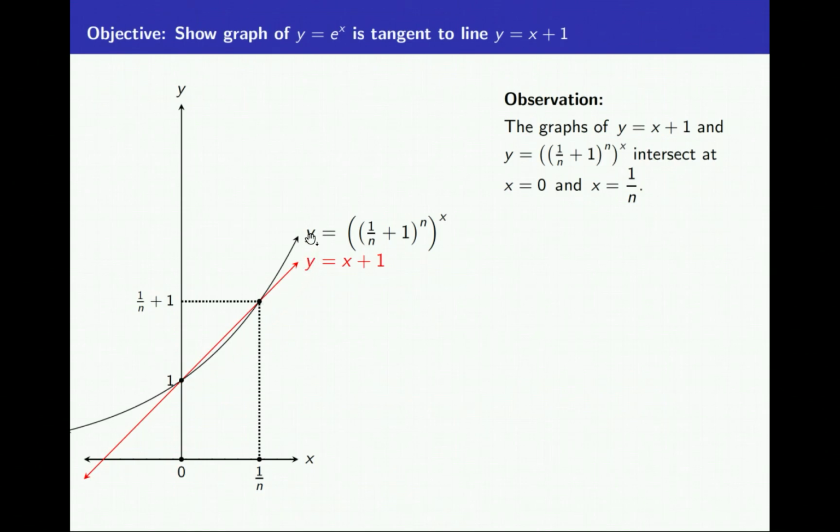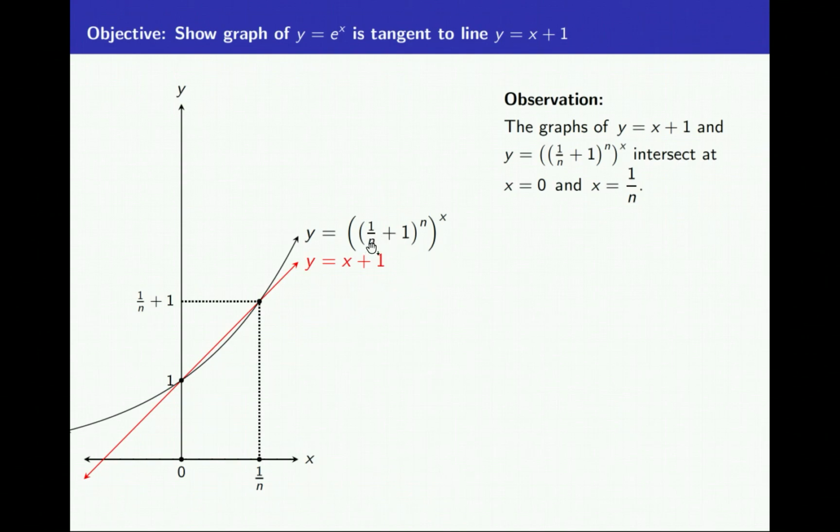So the exponential function is definitely not tangent to the red line, y equals x plus 1. It intersects at 2 points, here and here.